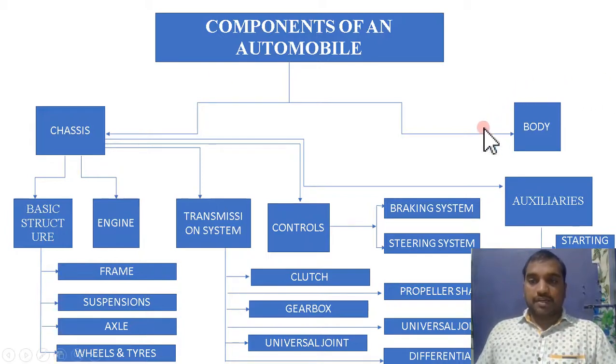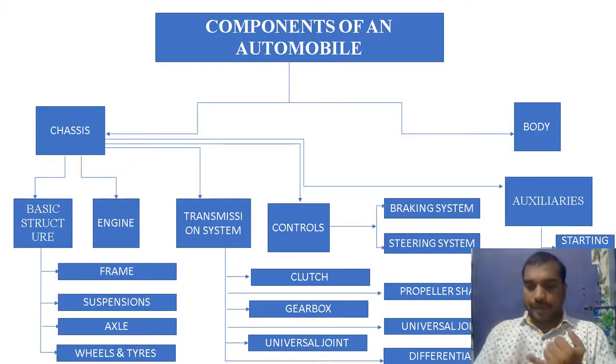Now, what is the definition of a body? A body is one which protects the occupants from atmospheric conditions. The occupants and the different systems present in an automobile are protected with the help of the body.